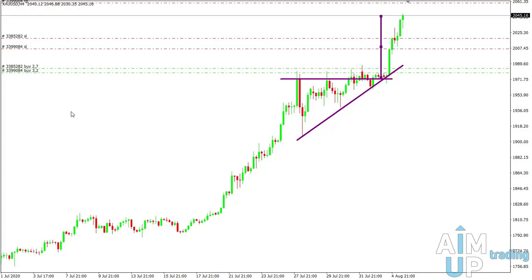That's the thing that gives us confidence. The angle of it is around 45 degrees. This is something really important.